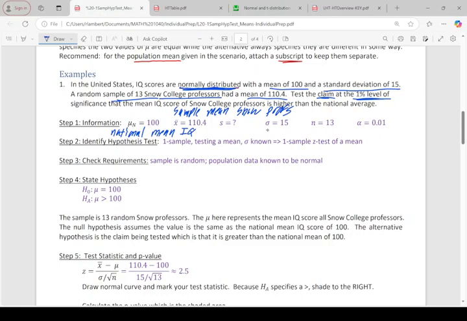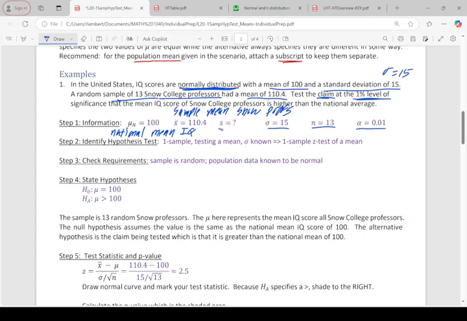And we're told the standard deviation is 15. So when you're just told as a fact about some mean and standard deviation, those are going to be mu and sigma. So this is for the general population. So this standard deviation is a sigma. And our sample size of 13, and that's our significance level of 1%.